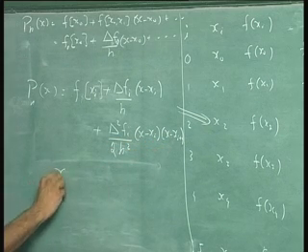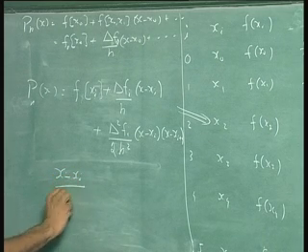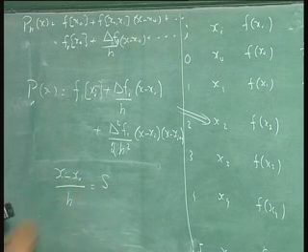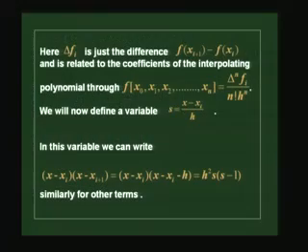We define a new variable, x minus xi divided by h, as s, which we saw in the equidistant form in the polynomial interpolation. And now with that we can write all the terms in terms of s. For example, take x minus xi into x minus xi plus 1.